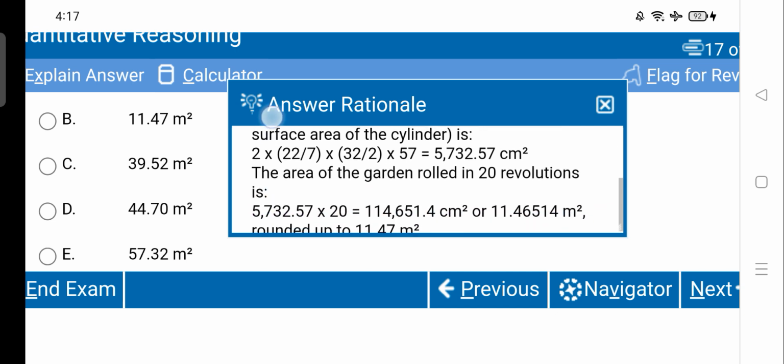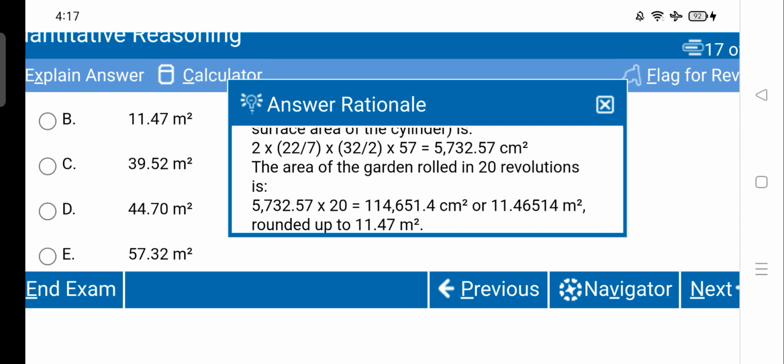So the area of the garden rolled in 20 revolutions is 5732.57 multiplied by 20 equals 114,651.4 centimeters squared, or 11.46514 meters squared, rounded up to 11.47 meters squared.